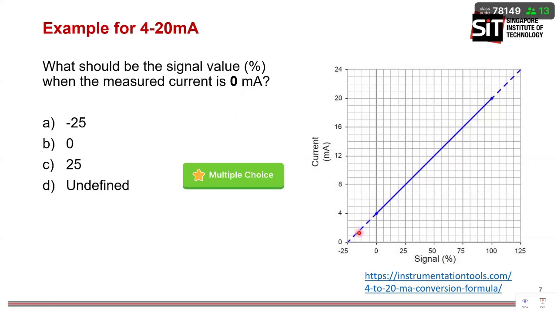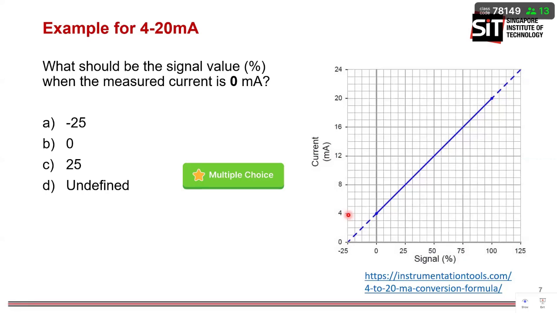If you look at the straight line equation, many of you might have been misled by the dotted line, because if you do extrapolation from this point down, you see that when it is 0 milliamp, it cuts at minus 25. And that's why many of you have selected minus 25. It is wrong, because as part of the 4 to 20 milliamp, they deliberately start at 4 milliamp for a very good reason. Okay, so I'm going to explain now.